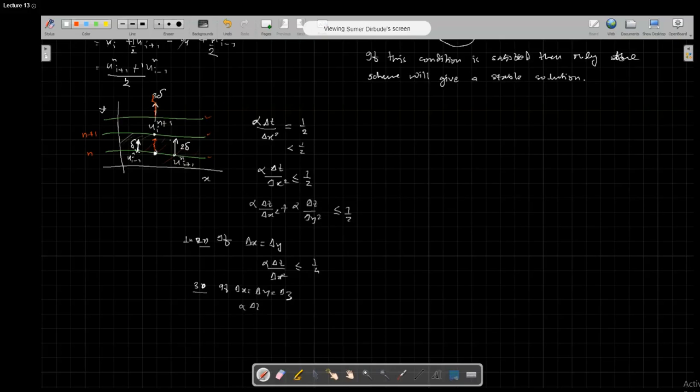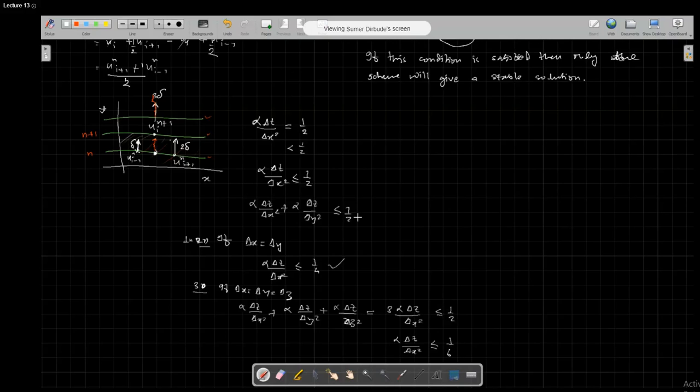So alpha delta t by delta x square plus alpha delta t by delta y square plus alpha delta t by delta z square should be less than or equal to half. So 3 alpha delta t by delta x square should be less than or equal to half, so alpha delta t by delta x square should be less than or equal to 1 by 6.